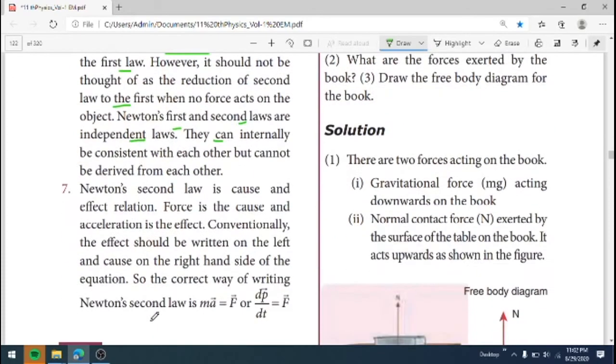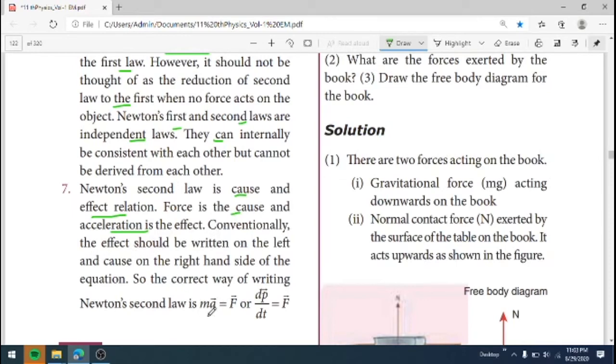Coming to the seventh topic of discussion on Newton's laws of motion. If we take Newton's second law, we can say it is a cause and effect relation, because F is equal to ma is Newton's second law. The force F is the cause, and acceleration is the effect. Acceleration exists because of that force. Conventionally, the effect should be written on the left.